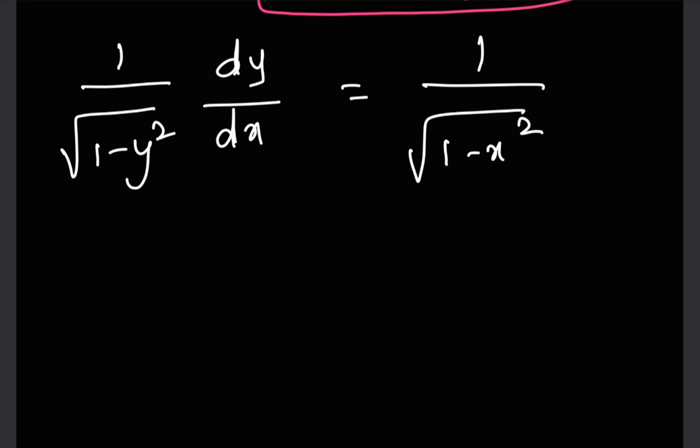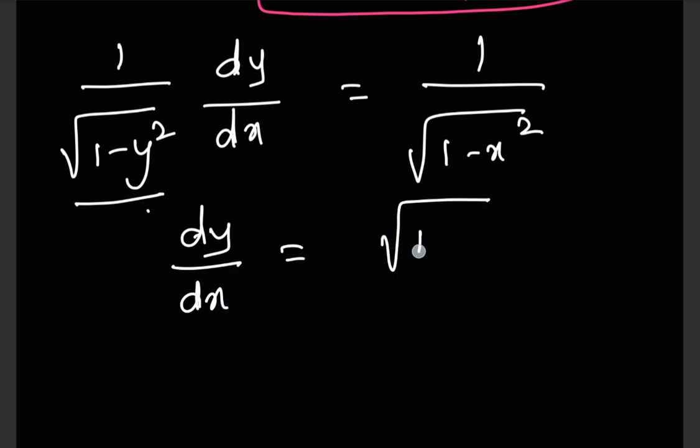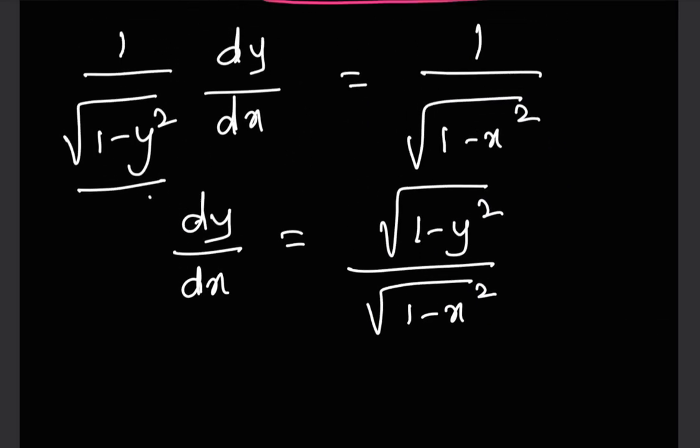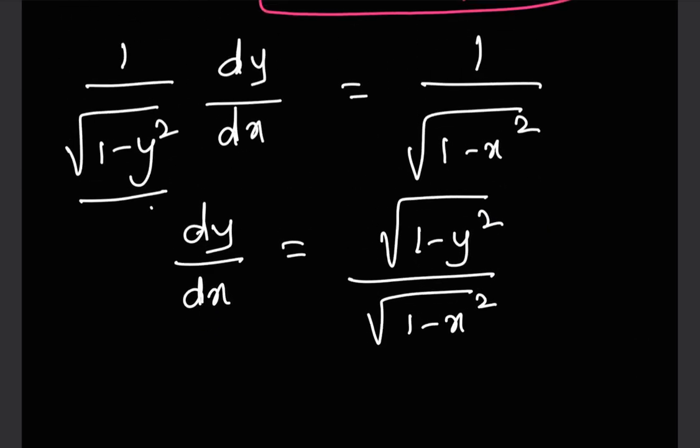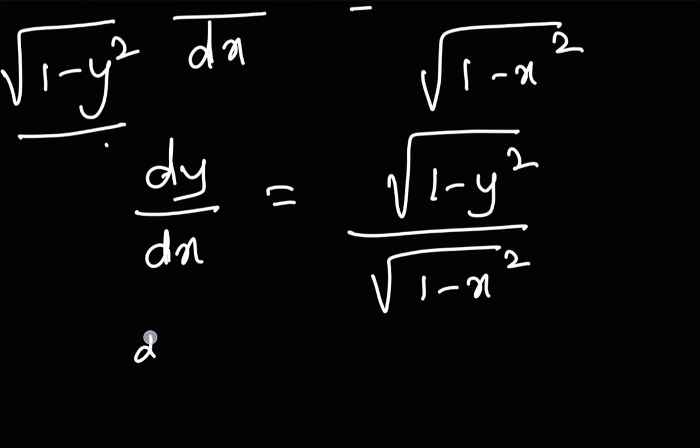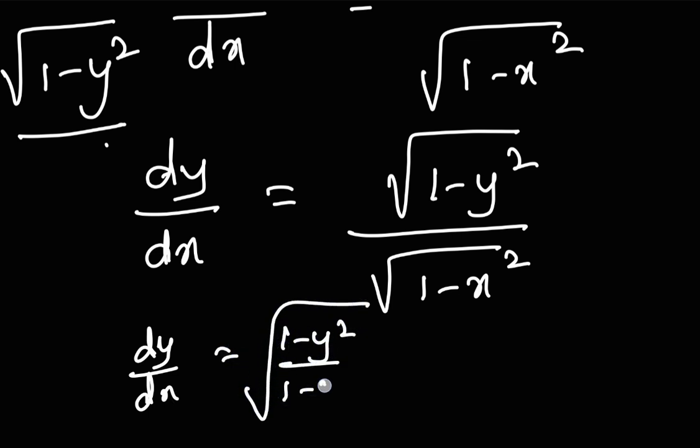Now what we have to do is just to send this under root of 1 minus y square onto the RHS, keeping dy by dx on the LHS, is equals to under root of 1 minus y square by under root of 1 minus x square. So this can be written as, in the end, dy by dx is equals to under root of 1 minus y square by 1 minus x square. We have got the solution.